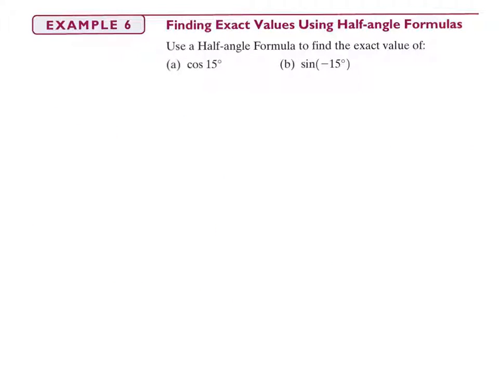Alright, so now for part B, sine of negative 15 degrees. There are 2 different ways we could go about it. If you don't want to deal with the negative angle, you know sine is an odd function, so you could just move the negative to the outside, so negative sine of 15 degrees.